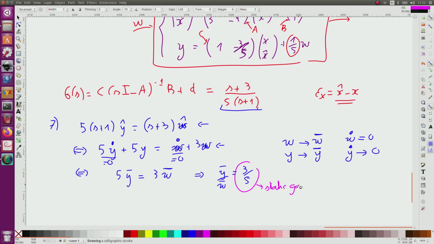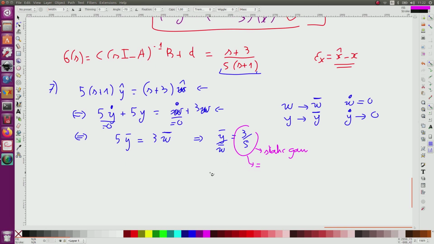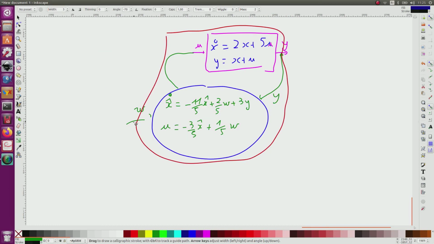of my system. And I'm not happy with this. In practice, I want this to be equal to 1. As a consequence, I will add in front of the controller a precompensator with the value h equal to 5 divided by 3. It means that here I will put the gain h equal 5 divided by 3, and this is a new w.